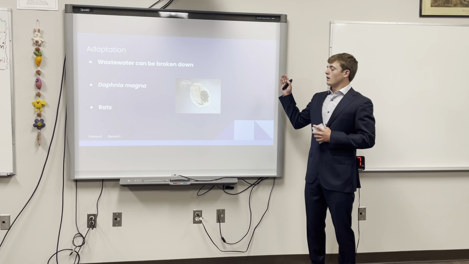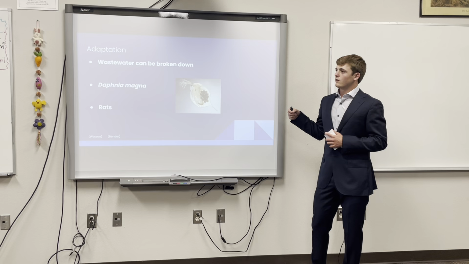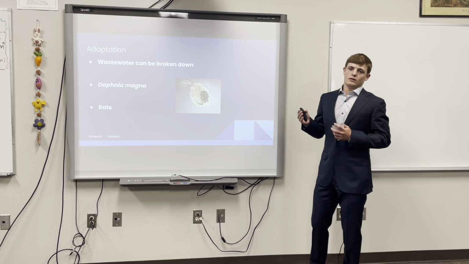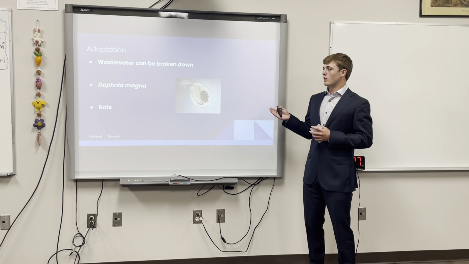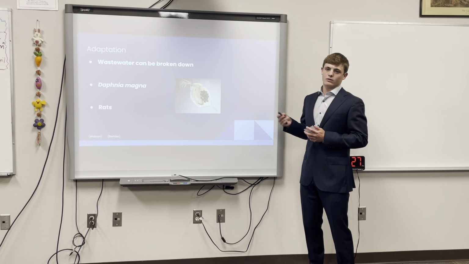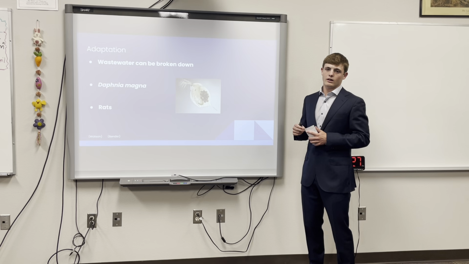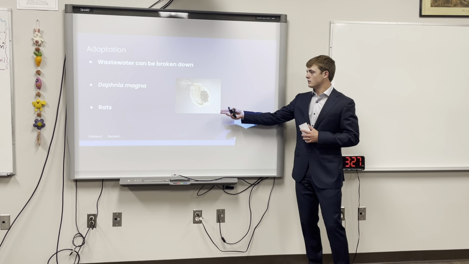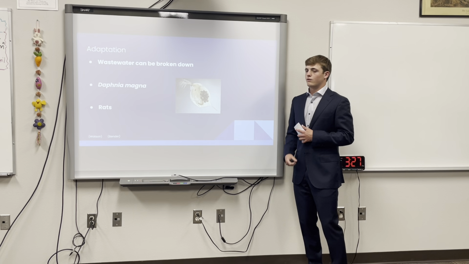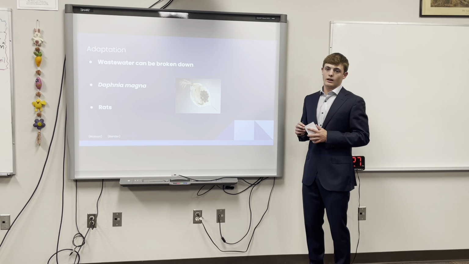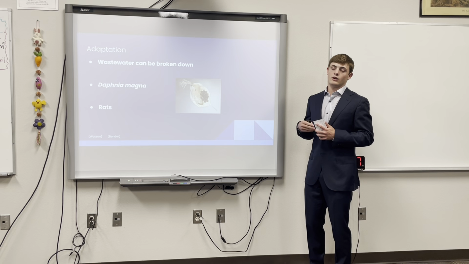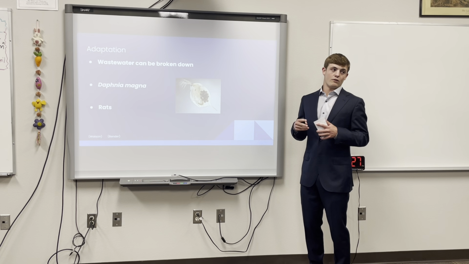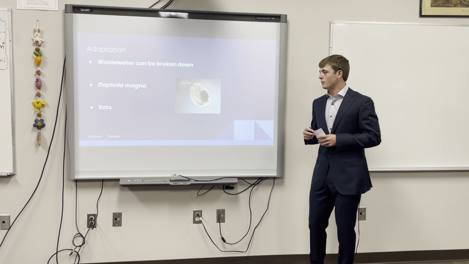Another thing is that a lot of stuff in the city has to adapt to the natural environment. Wastewater is able to be broken down through sunlight, algae, and bacteria. It helps break it back down into fresher water. This here is the Daphnia magna. It's a form of water flea. It feeds on algae and bacteria, and that way it prevents some of these lakes and ponds from becoming overrun with algae and bacteria.